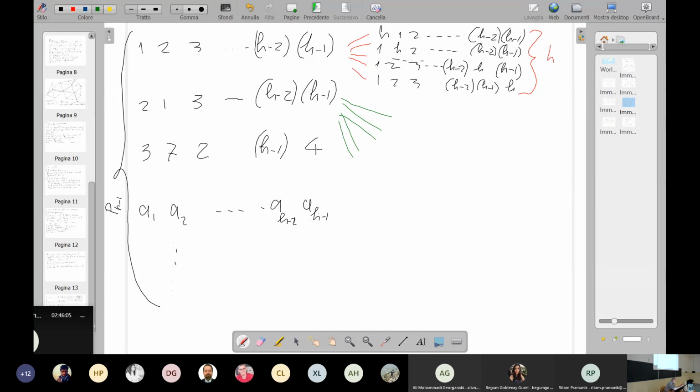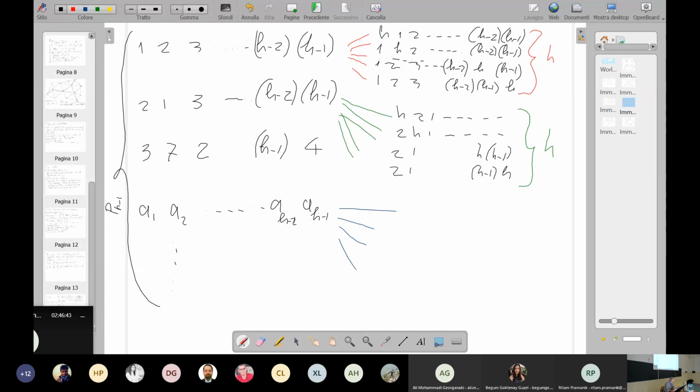And so I can do H, 2, 1, and so on, 2, H, 1, and so on and so forth, up to 2, 1, H minus 1, and 2, 1, H minus 1, H, and these will be H as well. And also here, let me use this last color. What can I do?